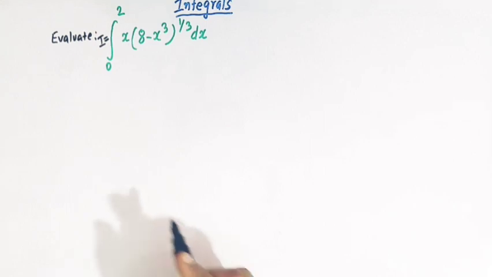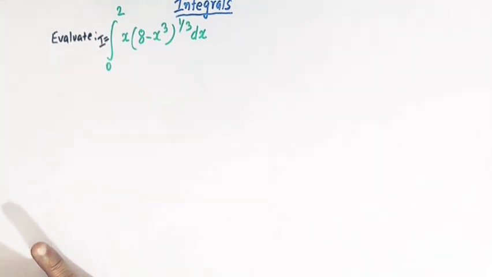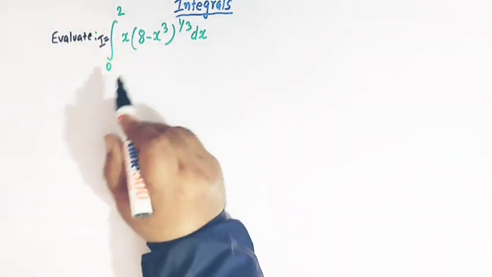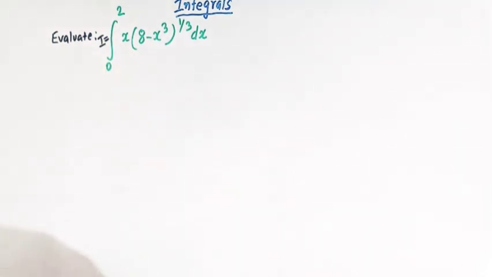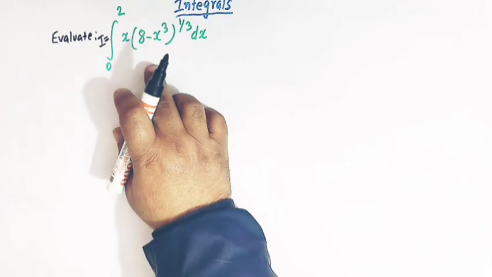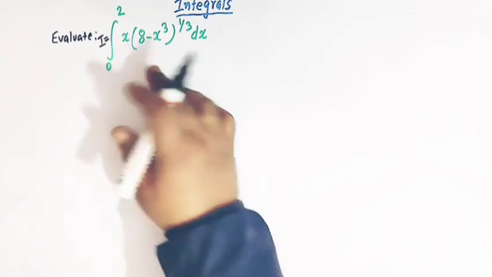Viewers, we have already solved a lot of problems related to beta and gamma functions in our channel, and in this lecture we'll see this integral. Let us quickly see the results which are going to be used to solve this integral.